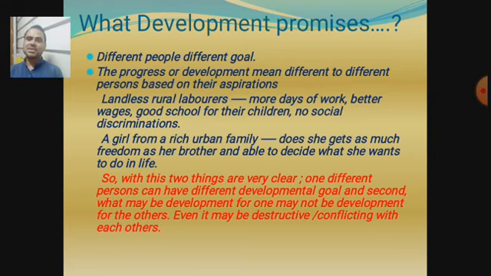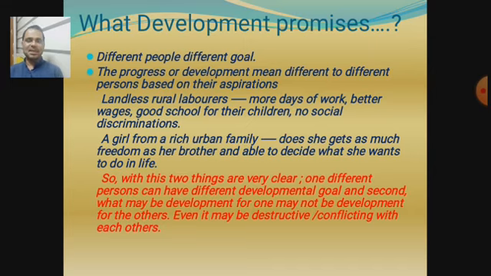It promises different goals, different aspirations from one person to another person. That's why it is said that different people have different goals, and progress or development means different things to different persons based on their aspirations.